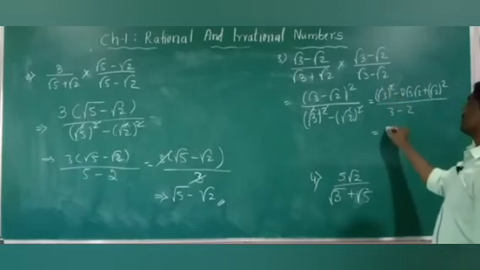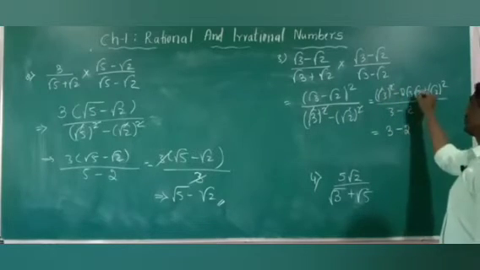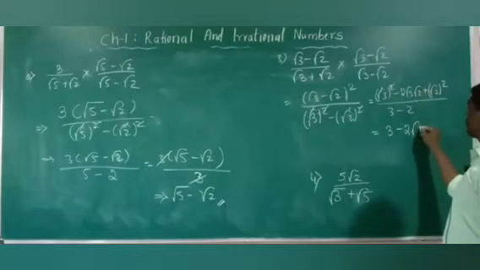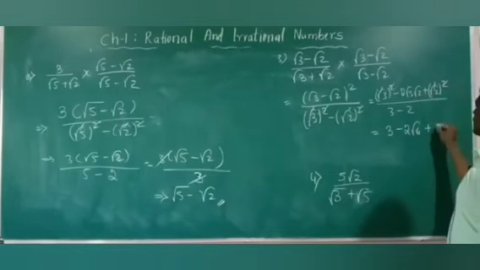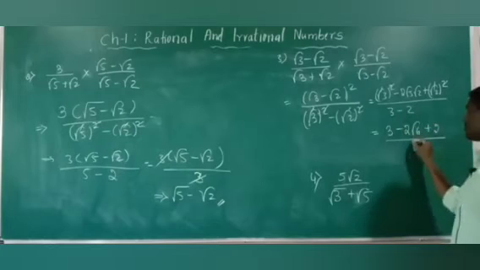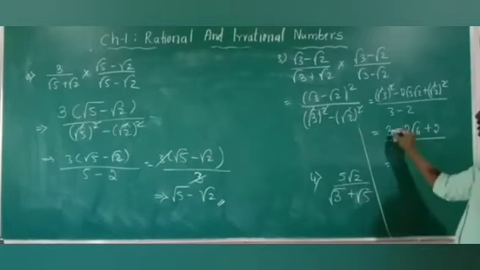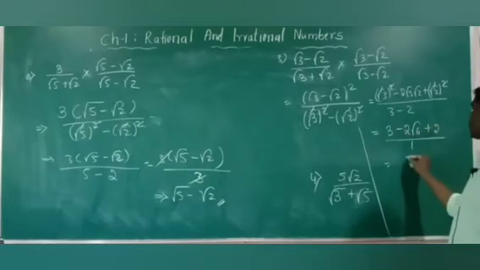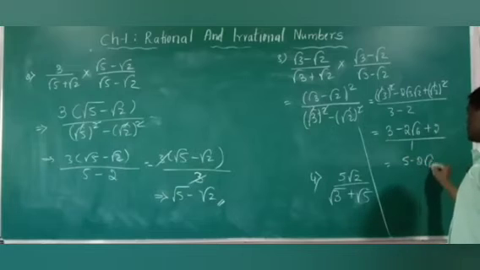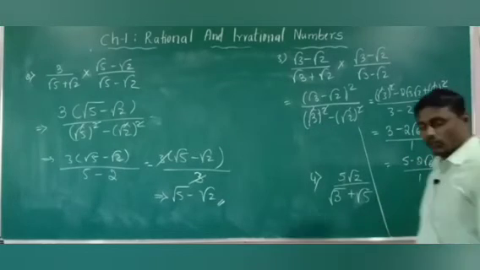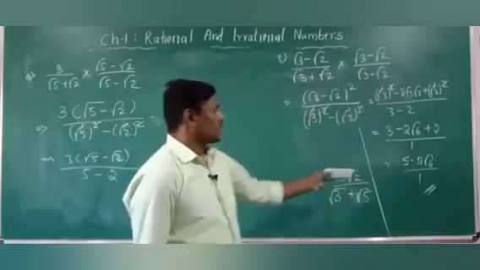Remaining 3 minus 2 root 6 plus 2, divided by 1. So 3 plus 2 is 5, minus 2 root 6, divided by 1. This is the required result of the rationalized form.